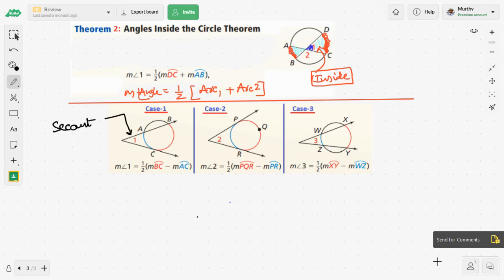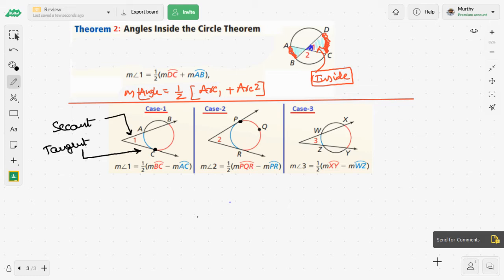If the line segment touches at one point, then that is a tangent. Let this be the tangent; you see that it is touching at one point. So you take either two tangents, two secants, or one tangent and one secant.